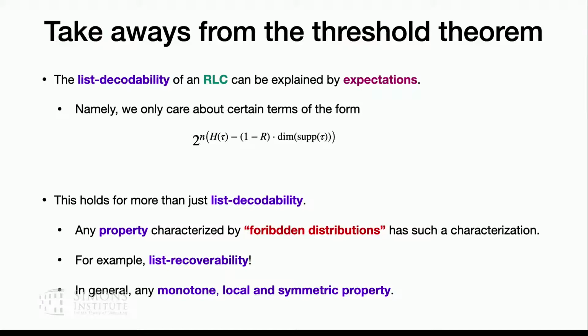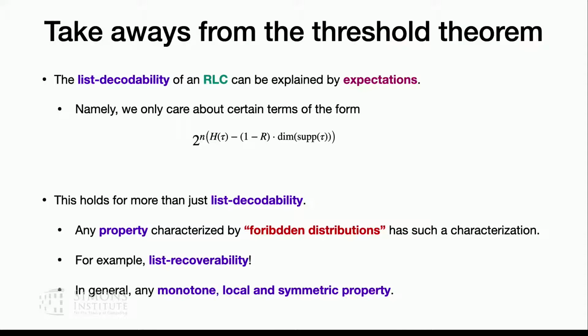If I want to show you that the code is not list decodable, I just need to show you a small number of code words that witnesses this fact, that certifies this fact. And the second thing is this symmetry to row permutations of these witnesses. Basically a property that doesn't care about the names of the coordinates in the code.